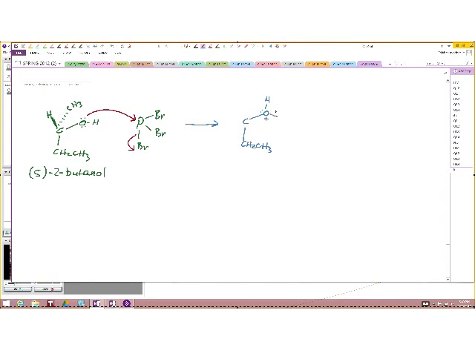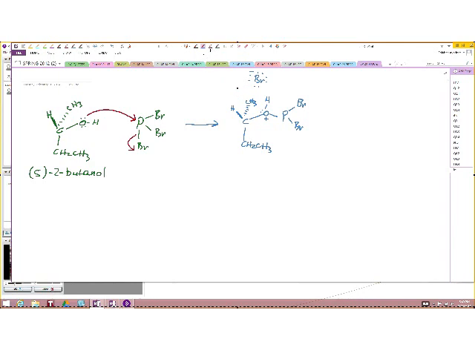Keep in mind, we have used one of the pairs of electrons on oxygen to bond to the phosphorus this time. The bromine that we release is here. Of course, this hydrogen is here, methyl is here.